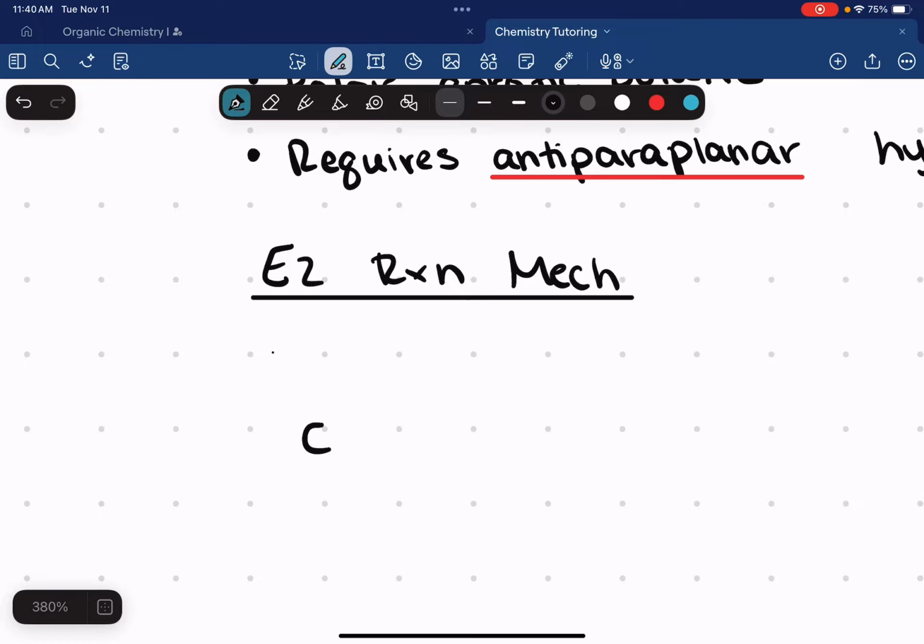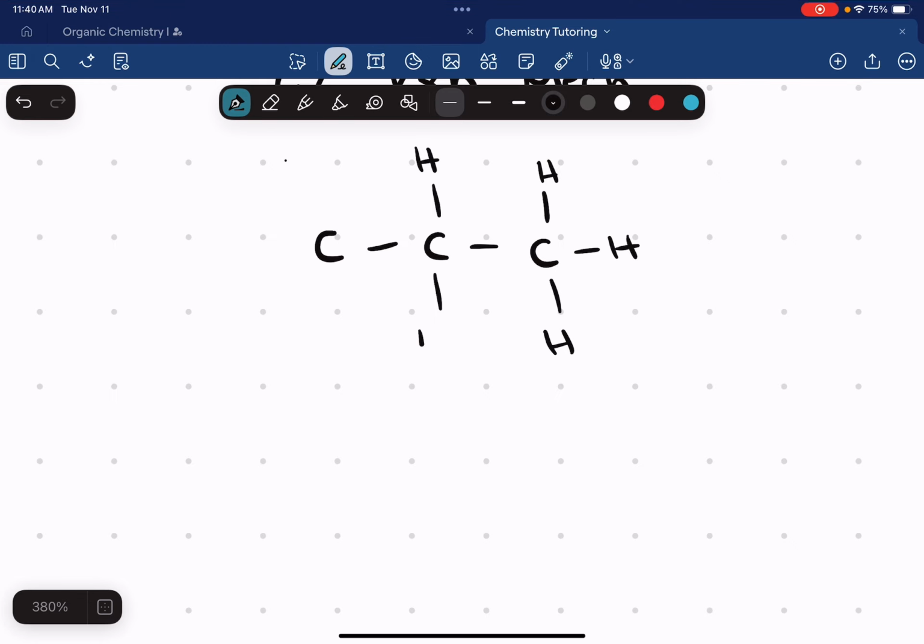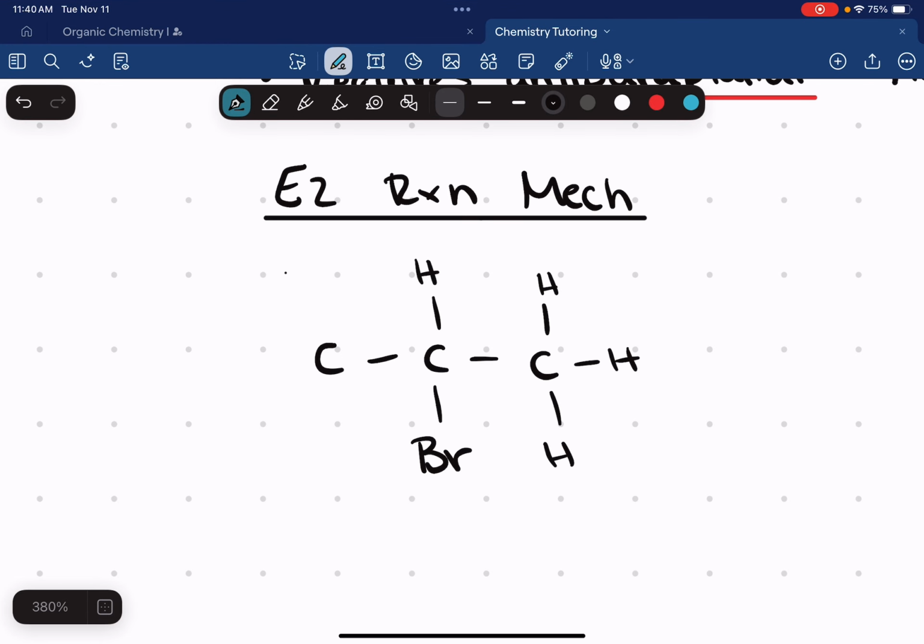So we've got carbon, carbon, carbon, hydrogen, hydrogen, hydrogen, hydrogen, and then bromine. We'll do bromine. Hydrogen, hydrogen, hydrogen.